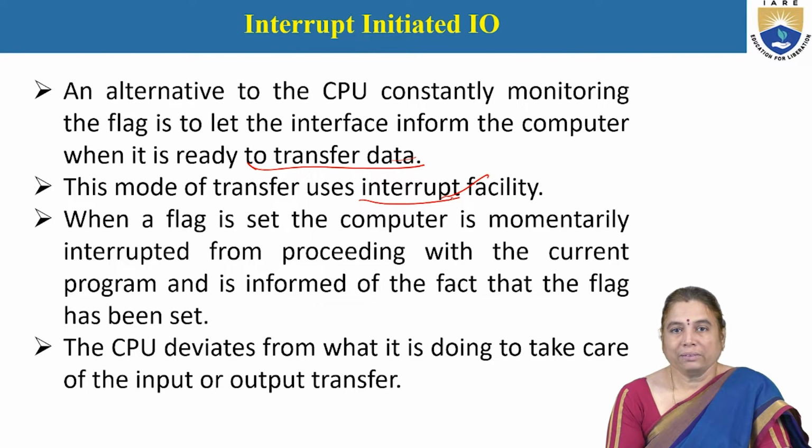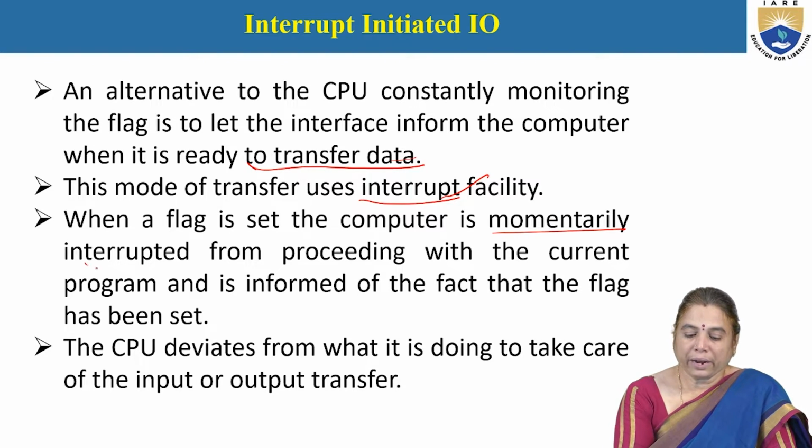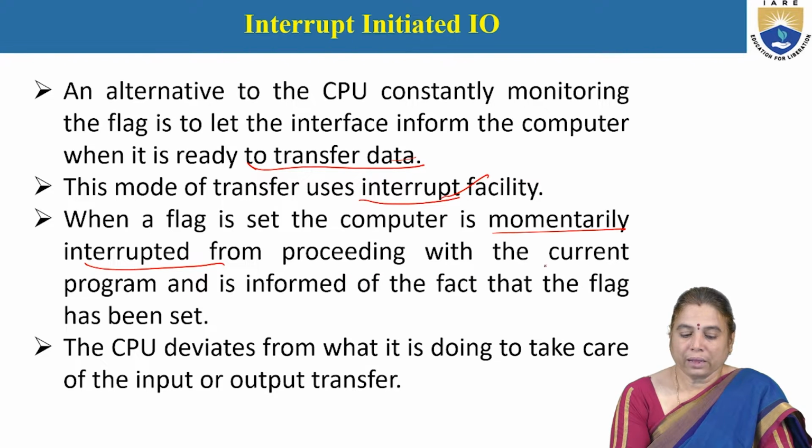An interrupt is a signal that can be raised to the CPU to gain service for that particular device. When a flag is set, the computer is momentarily interrupted from proceeding with the current program and is informed of the fact that the flag has been set.